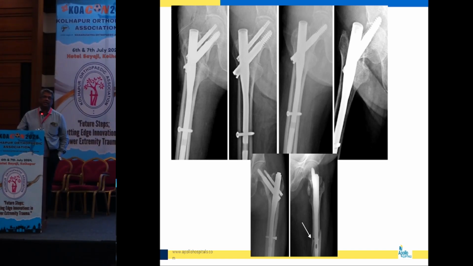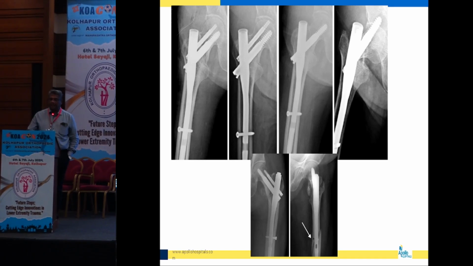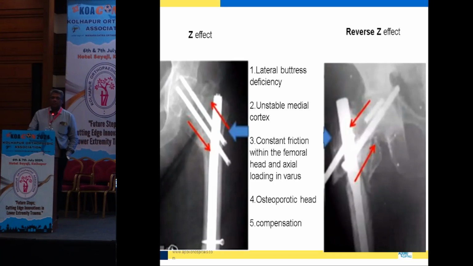Following the standard nails, there are various nails in the market. We are all quite versed with them. Every implant company comes with an edge of technology behind the nailing concept, but still we are struggling to get them right. Just to highlight the Z effect and the reverse Z effect, where lateral buttress deficiency is always there, with an unstable medial cortex.